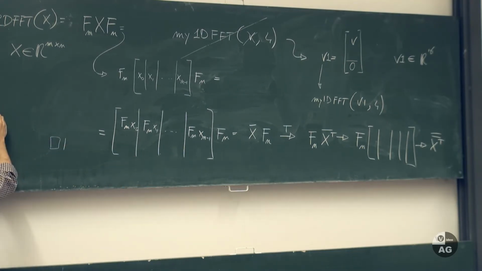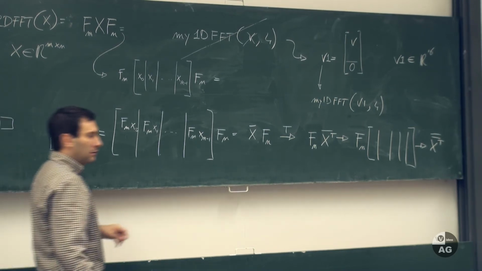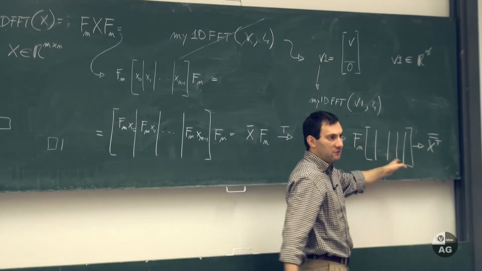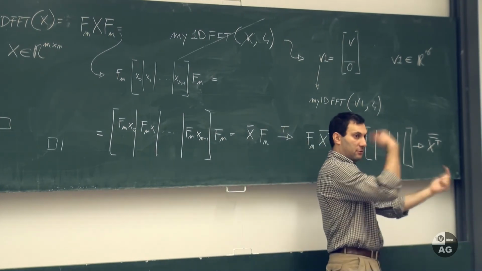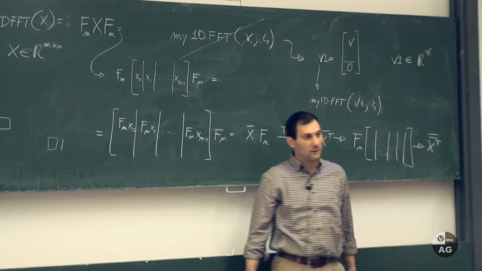And if you have a vector times matrix, you would have a penalty. So since you have a high-performance routine for computing this already, you would transpose, compute the 1D FFT of the columns, which are the rows of the transpose, and so on. Then in the end, you would have to transpose again.